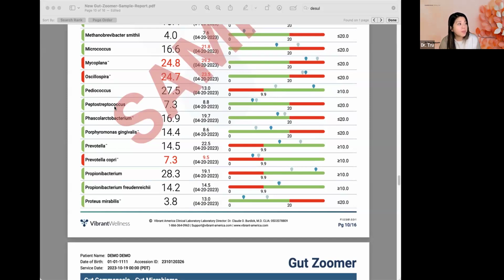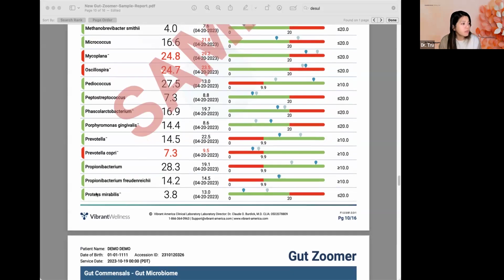And then Porphyromonas gingivalis, this one is a mouth microbiome bacteria. And because we swallow our saliva, they colonize our gut as well. But when they overgrow, it's an indicator that you have gum disease, right? So this is something that you want to pay attention to.